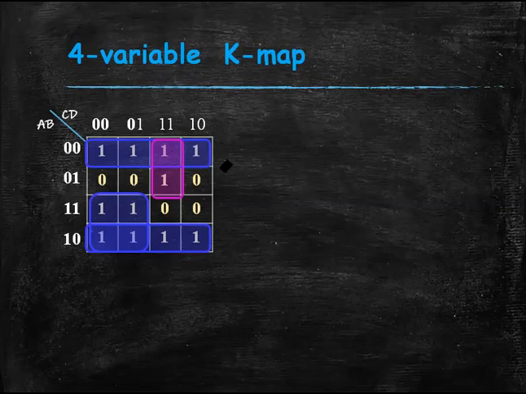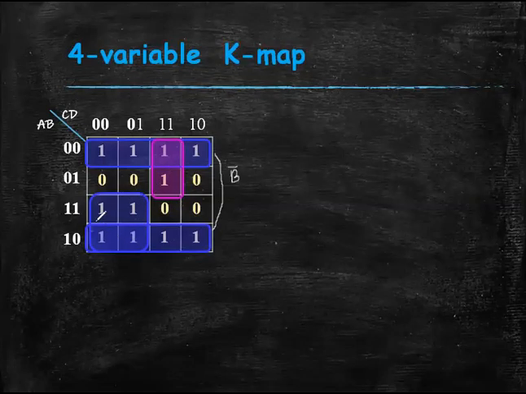Then for this octet, for an octet 3 variables are eliminated, so only a single variable remains, and this single variable must be B bar. B bar is not changing, so it corresponds to B bar.